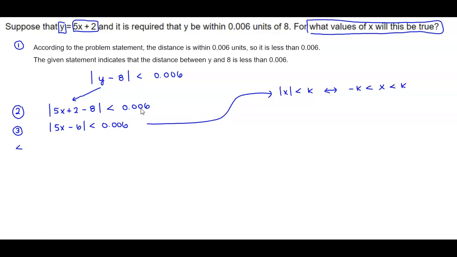So now we're going to rewrite this statement using the constant of 0.006. So it's negative 0.006, which is less than 5x minus 6, which is less than positive 0.006. Now we're going to add 6 to both sides.